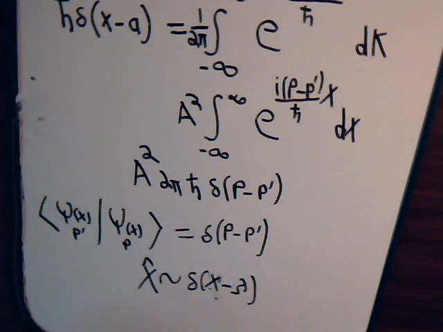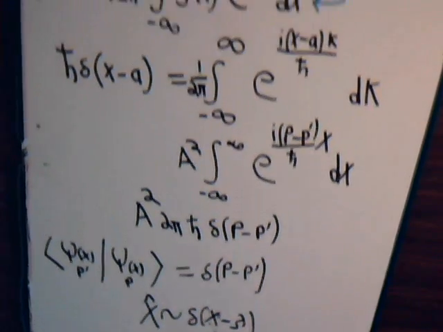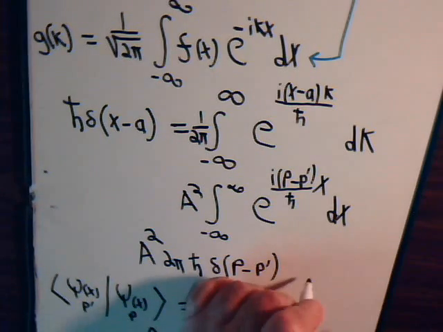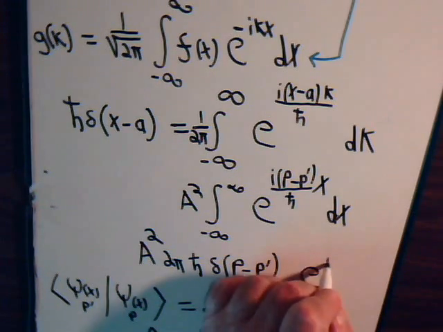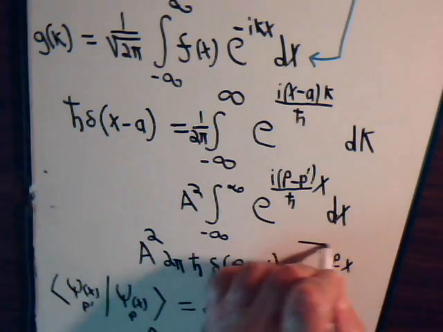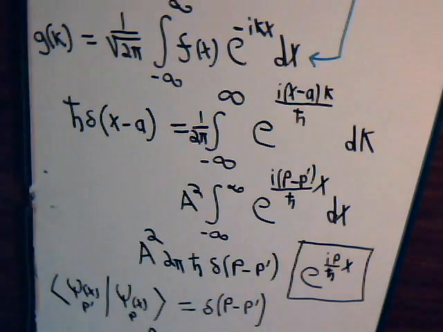Now here, for the momentum eigenfunctions, now we have this. That is the eigenfunction for the momentum operator.